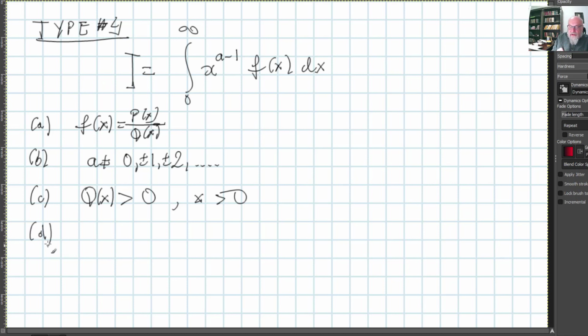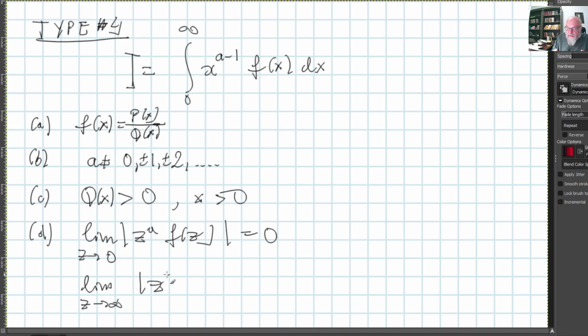And finally, we have the last assumption. In these assumptions we will have this one: the limit of z to the power a times f of z, as z goes to 0, you can put it in absolute value, is equal to 0, and the limit as z goes to infinity of z to the power a times f of z is also equal to 0.